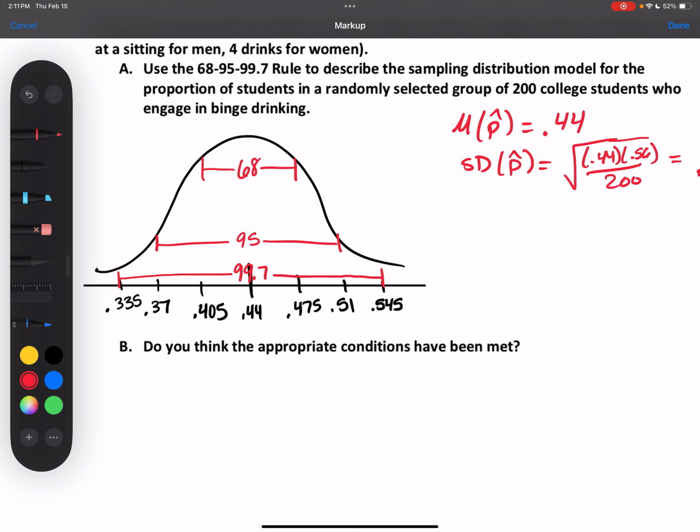All right, so a couple things about this problem.